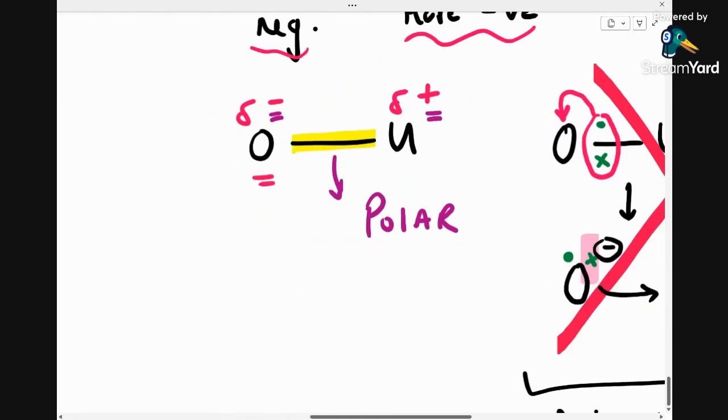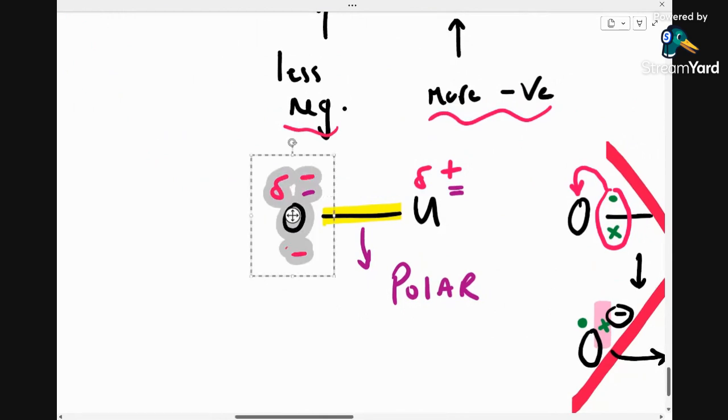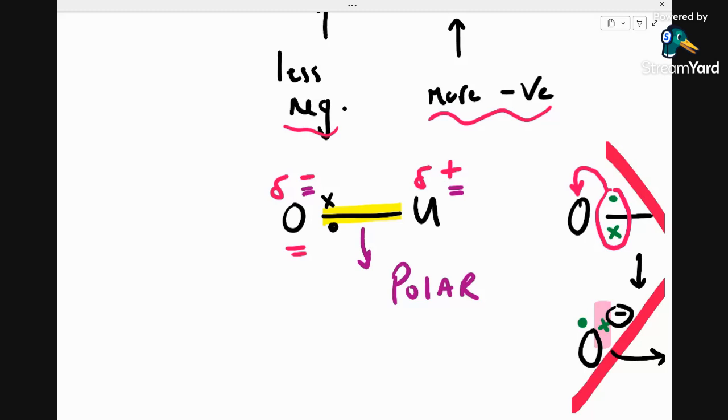So the electrons are just pulled, and the pulling power is not enough to rip them off completely from hydrogen, but they spend more time near the oxygen. And that leads to not ions, but a polar covalent bond, where we have delta negative on the oxygen, it's a little bit negative, and delta positive on the hydrogen. It's a little bit positive.